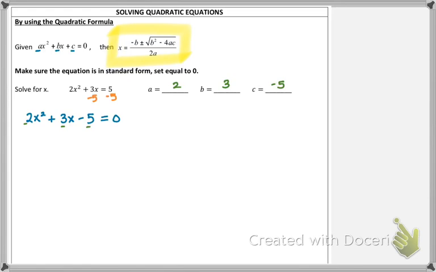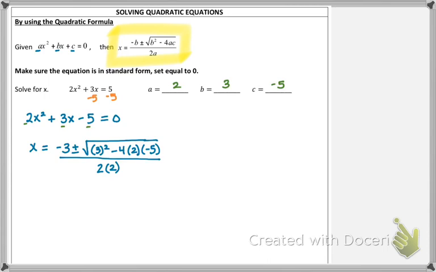Right, so according to the formula, x can be calculated by negative b, so that's negative 3. If b is already negative, then you take the negative of that, which will become positive. So right now it's negative 3 plus or minus the square root of b squared, so that's 3 squared, minus 4 times 2 times negative 5, all divided by 2 times a, which is 2.